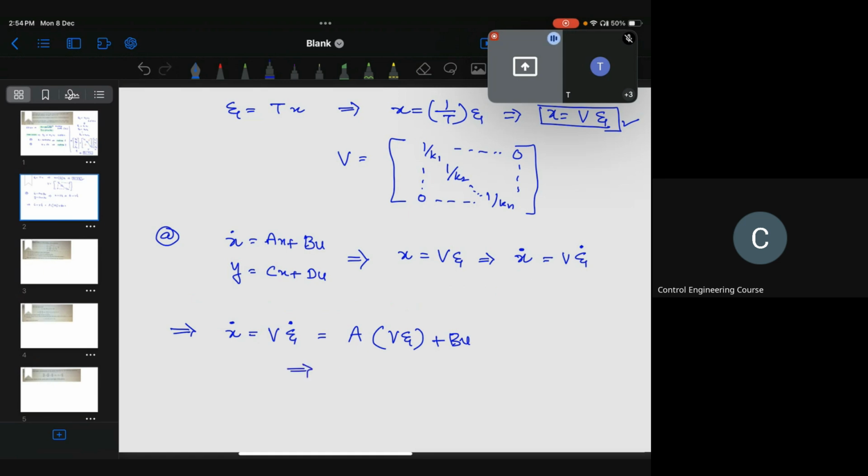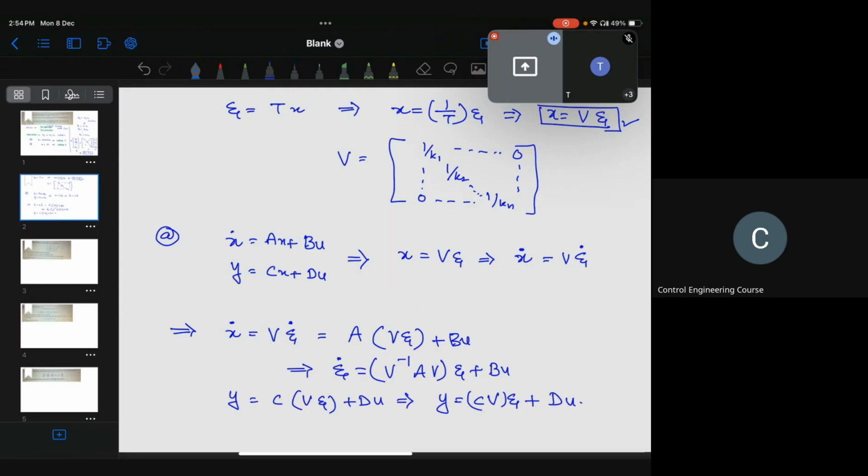So from here we can write zeta dot as V inverse A V multiplied by zeta plus V inverse Bu, because V goes to that side. I think it is clear. Next we have the second equation, y equal to Cx plus Du. Here x is nothing but V zeta, so y equals CV zeta plus Du.